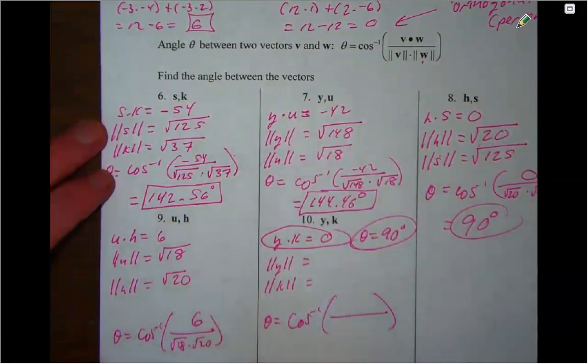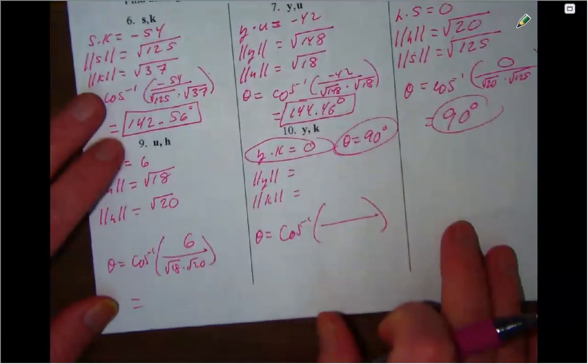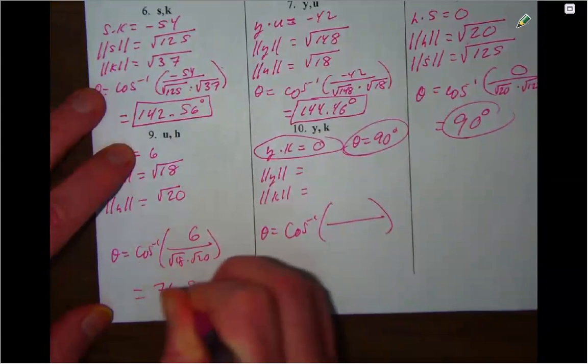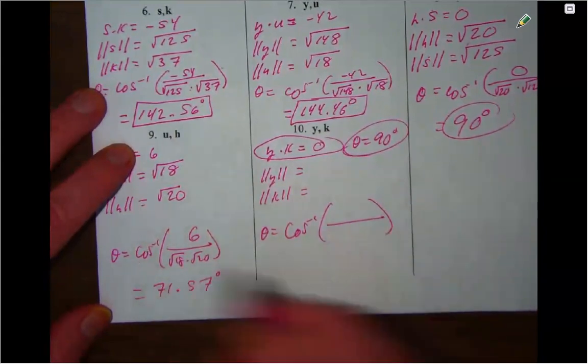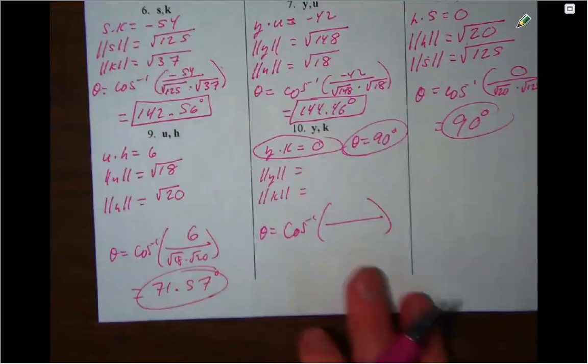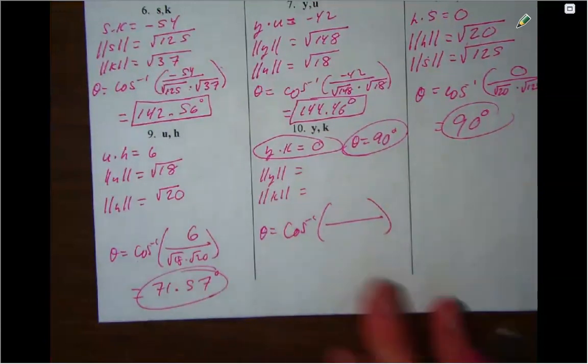You pop that into the calculator and you should get 71.57. Okay, so that's the angle between two vectors. Just find the dot product, find the magnitude, and pop it into the calculator.